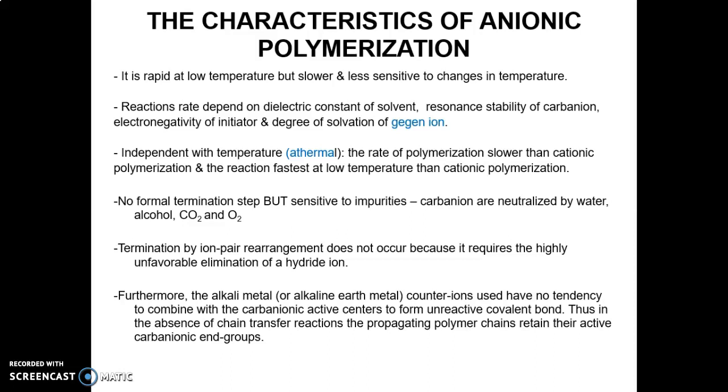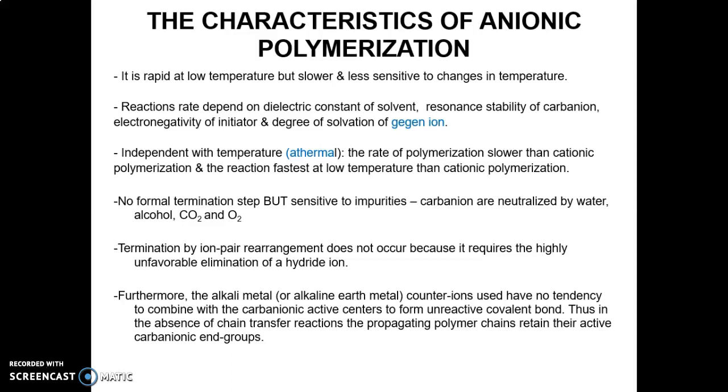So the characteristic of an ionic polymerization is rapid at low temperature but slower and less sensitive to changes in temperature. So the response towards temperature is less, okay, compared to free radical. Okay, free radical is very sensitive to heat.